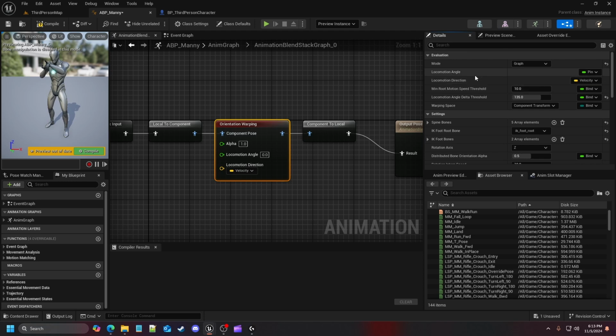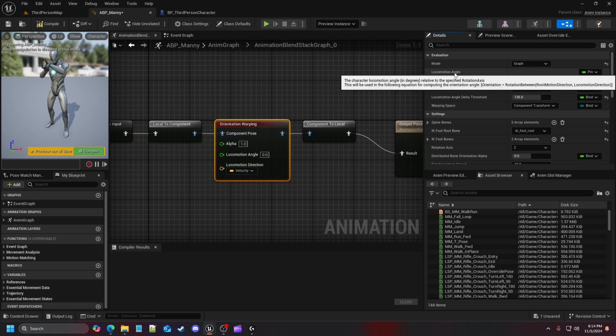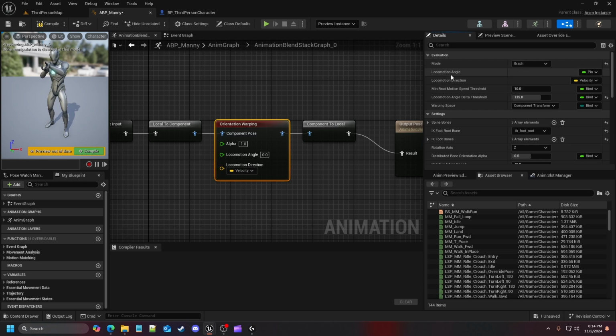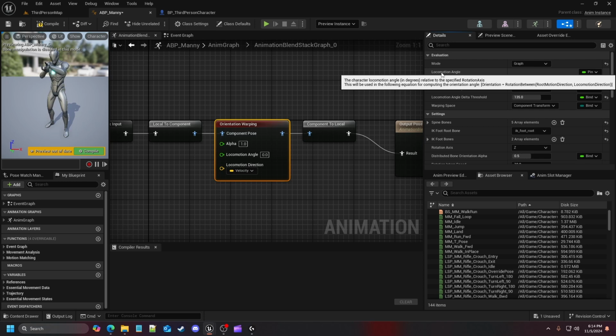Then we have the locomotion angle, and we are setting it to 0 because we don't really have anything for it. We're also not changing it accordingly to your first 60 minutes of motion match, where this was set. This is the initial angle for locomotion, the character's locomotion angle relative to the specified rotation axis.